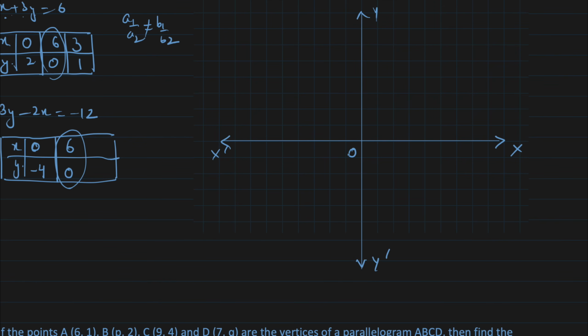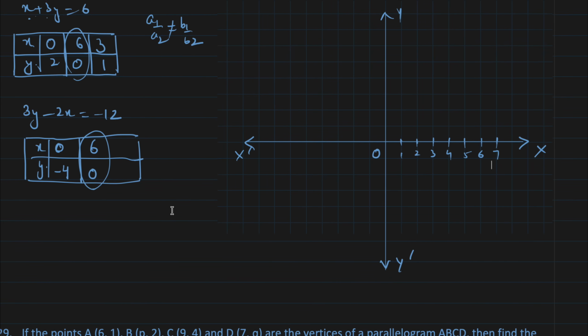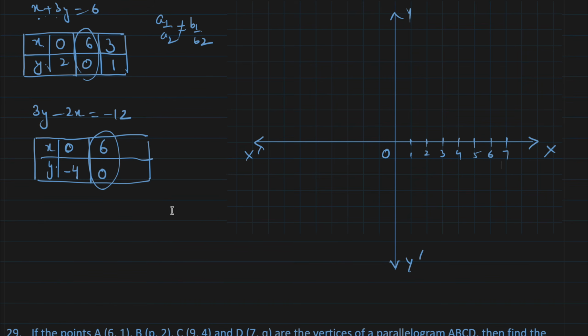So now let's take x is going till 6, so 1 2 3 4 5 6 7, and y is going maximum till 2 only, so let me take 1 2 3 4. What about here? Minus x is not there, y is there, so you have -1 -2 -3 -4.